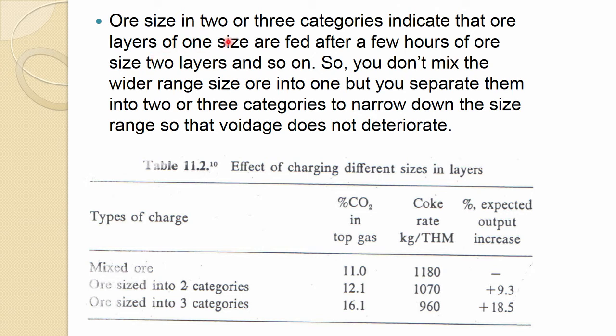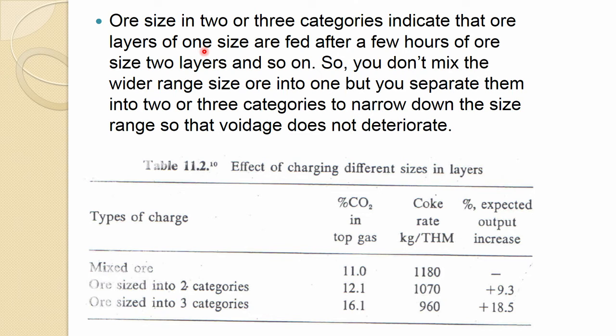In practice, actually it is very difficult to maintain one size due to various reasons. However, one thing can be done anyway: screening is done, and you can divide that charge into 2-3 categories. As we had seen before in the lecture, when the charging layers mix in the stock, the permeability is reducing, the void is reducing.